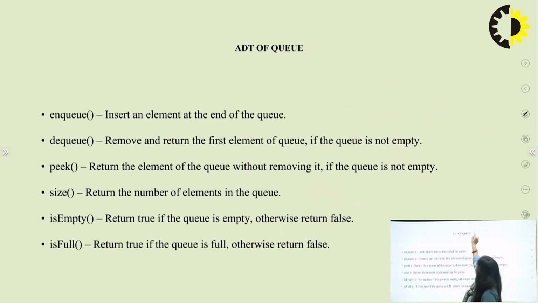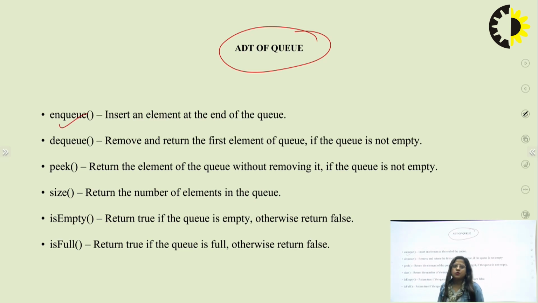So what is the ADT of queue? ADT is abstract data type, meaning the different types of operation performed on a queue. First one is NQ. NQ is the operation where we want to insert an element at the end of the queue.